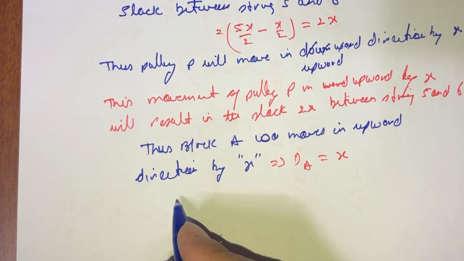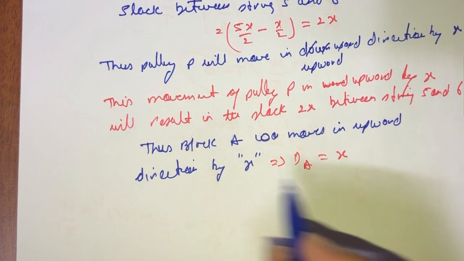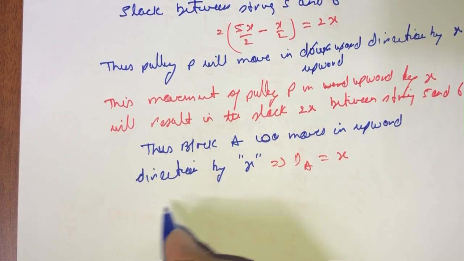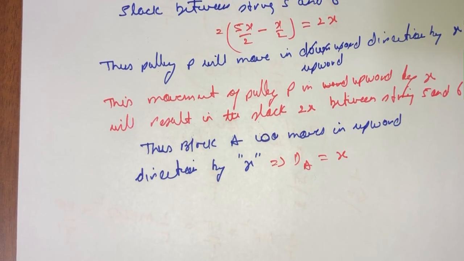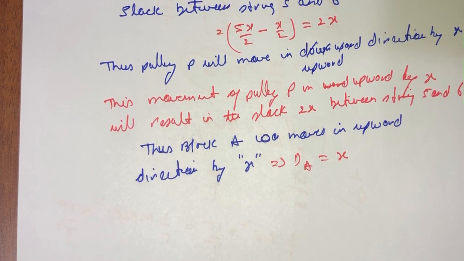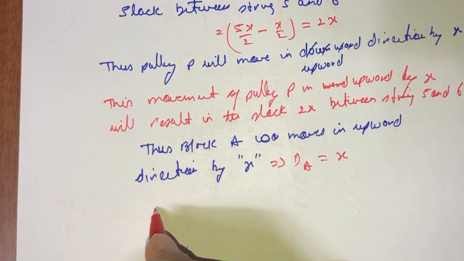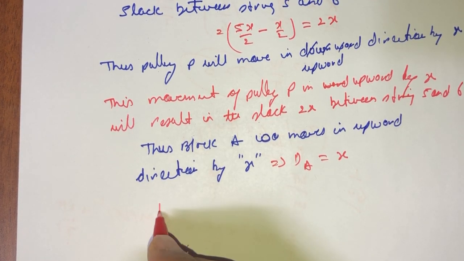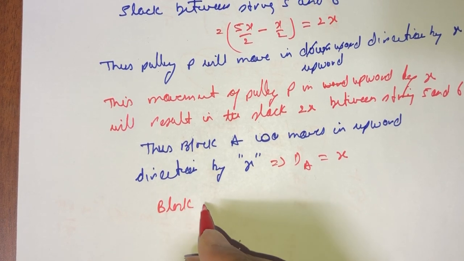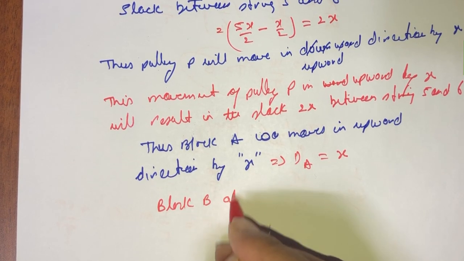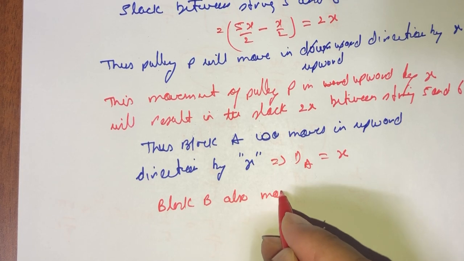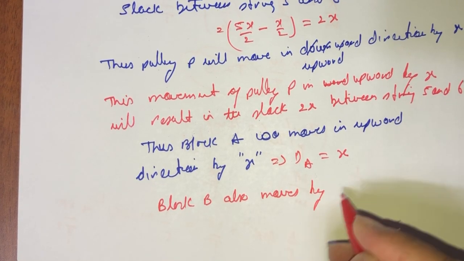Another thing is that the movement of block B we have taken initially as x. So block B also moves by x.